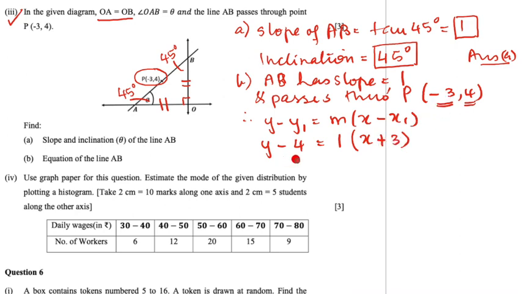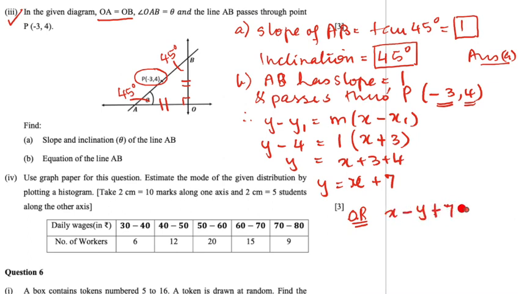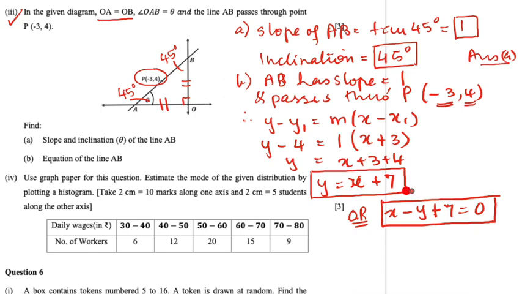So you will have y equal to x plus 3 plus 4. So y is equal to x plus 7, or you can say x minus y plus 7 equal to 0. You can write the equation either this way or this way, no problem. You will get your answer.